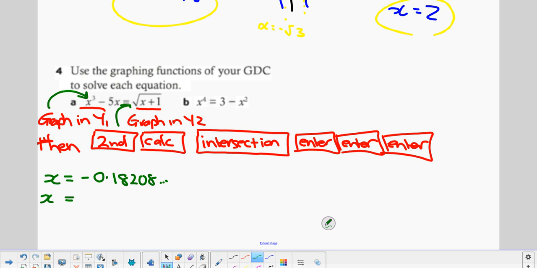And then write it rounded, because if you need to use that answer in a later question, you need the unrounded answer. But for the answer to this one, you would put the rounded one, but then write the unrounded before it. And then don't forget there's another one.